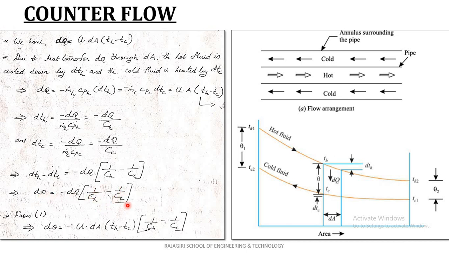to, now substitute the values of 1 by Ch and 1 by Cc in the equation. Substitute the value of dQ from equation number 1, U dA (Th minus Tc). Okay, this equation is U dA (Th minus Tc).